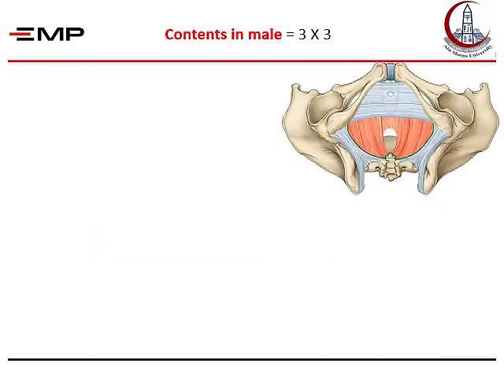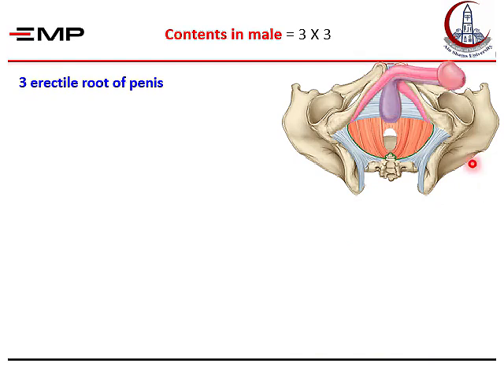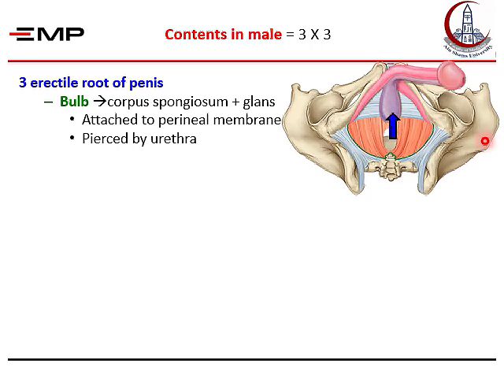The contents in the male are 3 times 3. We have 3 erectile roots of the penis, the bulb in the middle, and the 2 crura. Here we are. The bulb is continuous with the corpus spongiosum and the glans.